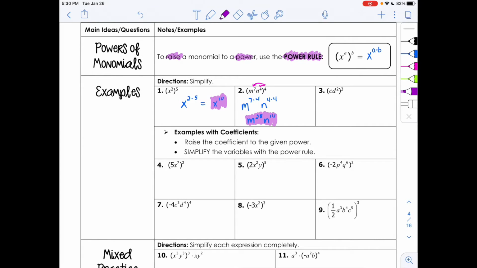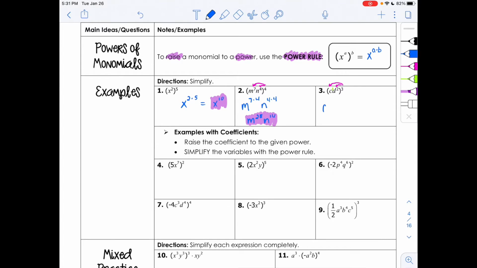Now when you apply it to number 3, you want to make sure you remember that C variable has an exponent of 1. Remember, everything has an exponent, even if you can't see it. So if you can't see it, it has an exponent of 1. So we're going to do just like we did in number 2. And that outside exponent is going to be applied to everything inside the parentheses.